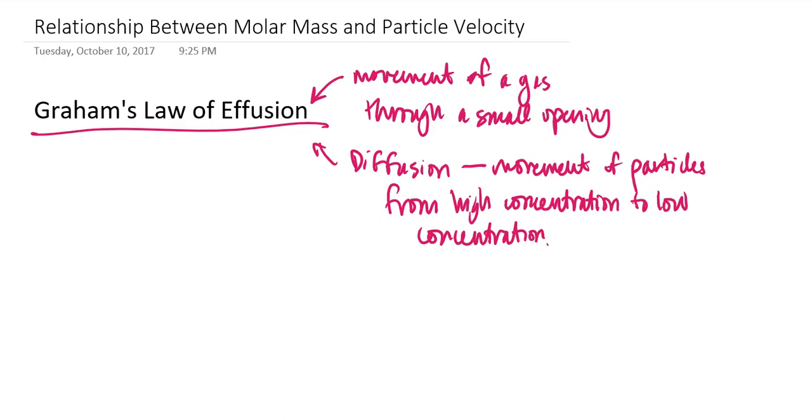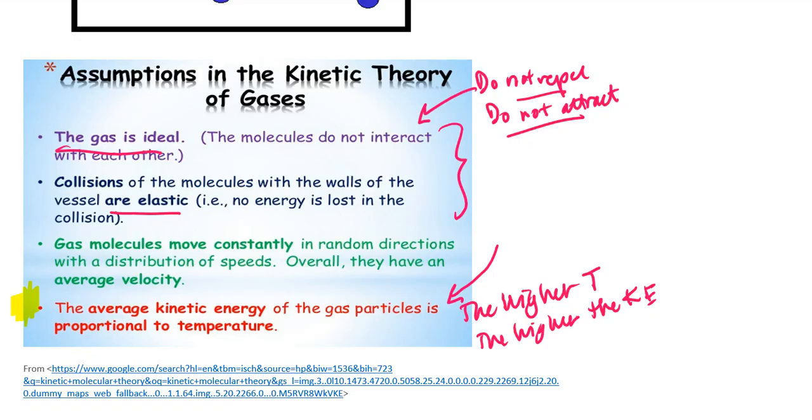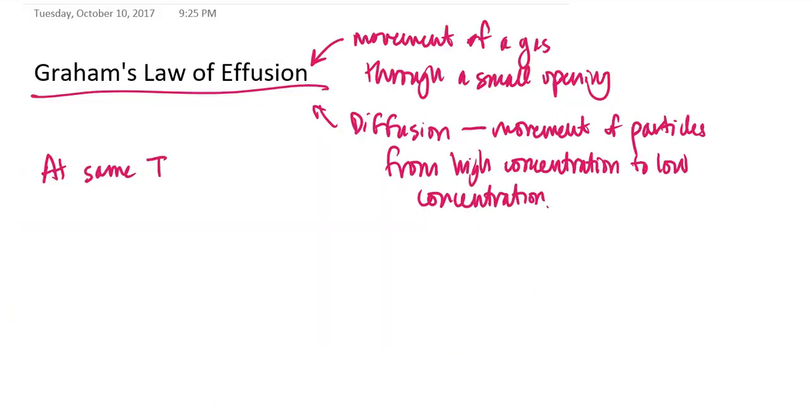The way that we can come up with this mathematical expression relating particle velocity to mass is to think of having a mixture of gases at the same temperature. And if they're at the same temperature, then their kinetic energy should be the same according to the final postulate shown here of the kinetic molecular theory.